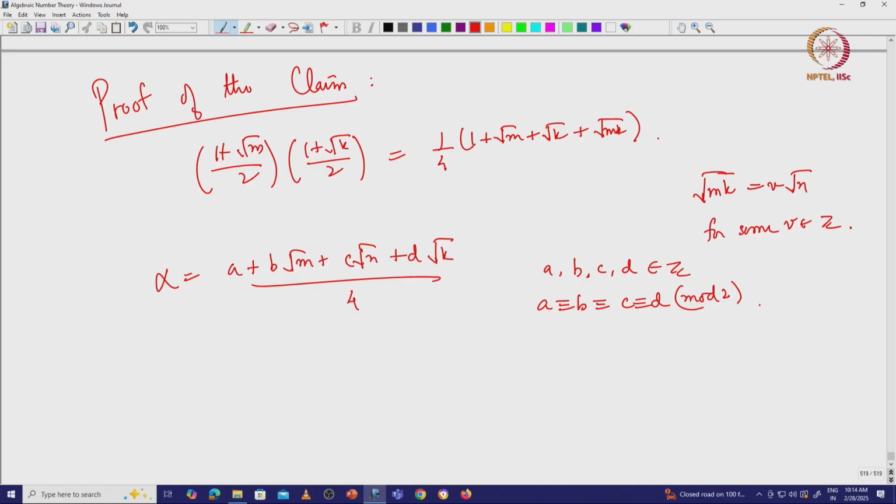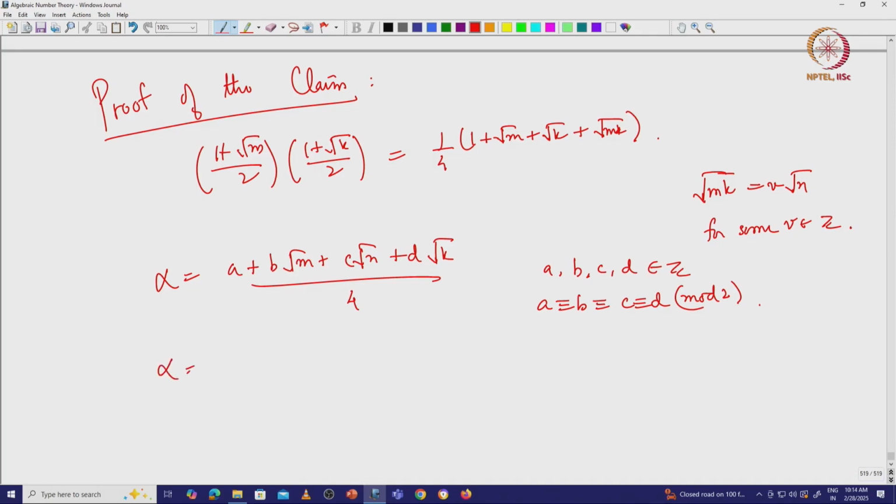So, now what I am going to try to do is the following. I want to put my alpha in two different forms. Right. Okay.